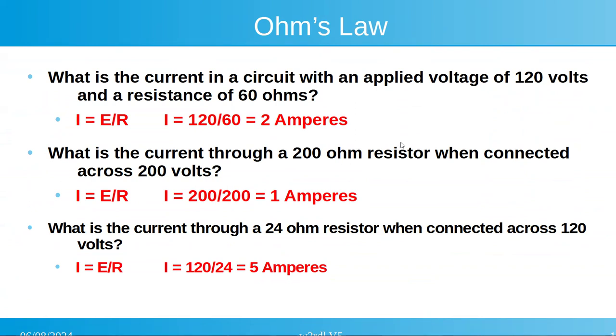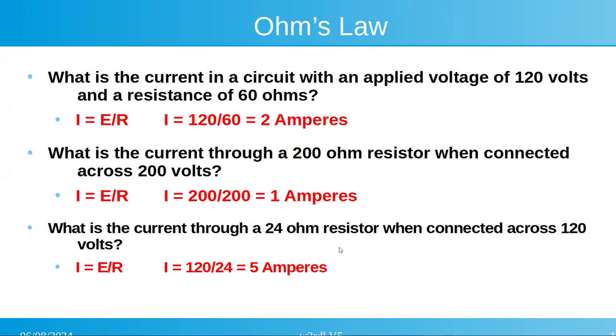You get 2 amps. So if we got a 200 ohm resistor and 200 volts, the current is going to be 1, because remember, the current's the ratio of the voltage to the resistance.